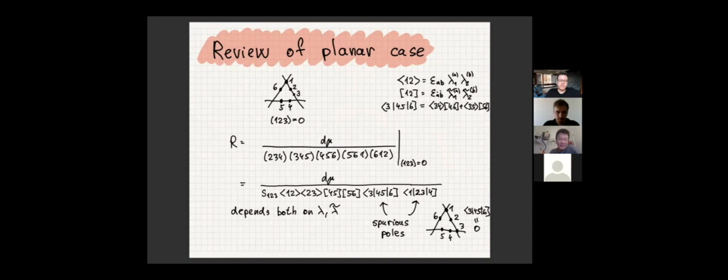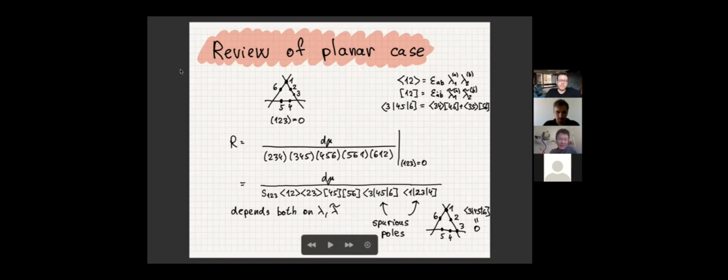Here, the minor 1, 2, 3 is equal to 0, so it's taken as a constraint here, and then we solve, as I said, for the kinematics, and that would be the kinematical expression that we would associate with this diagram, and that is equal to the BCFW term. There is some measure d mu, which I don't specify here, but in the supersymmetric theory, it would correspond to the numerator, which has the dependence on the fermionic variables.